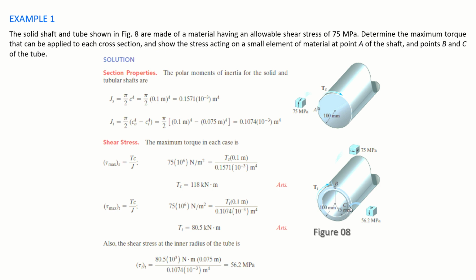So see, at the inner radius the shear stress is 56.2. Oh, sorry, it is the shear stress, not the torque. The torque is 80.5 in this case, right? So you can determine the shear stress here as well, and in this case as well.